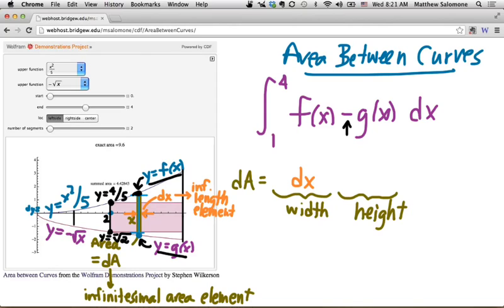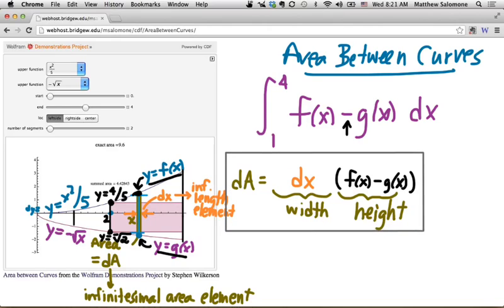And so the height of that rectangle drawn at x is exactly the difference between f of x and g of x. So that's why this whole method works. And I like to call this the method of slices. It's where we have some big area in this example that we want to determine.